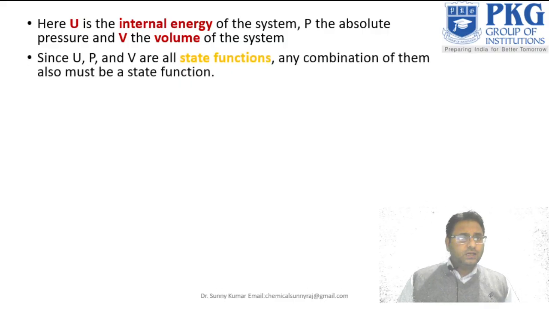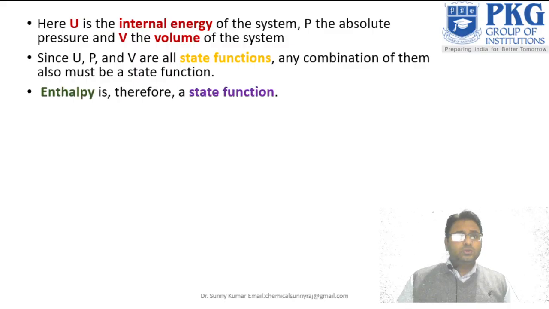Since U, P and V are all state functions, any combination of them must also be a state function. So enthalpy is a state function, which does not depend upon the path.